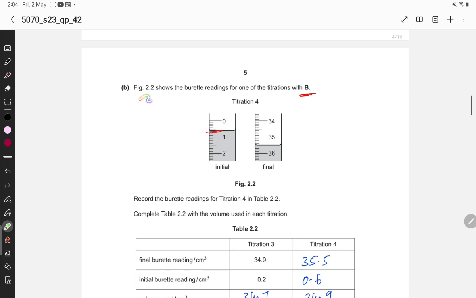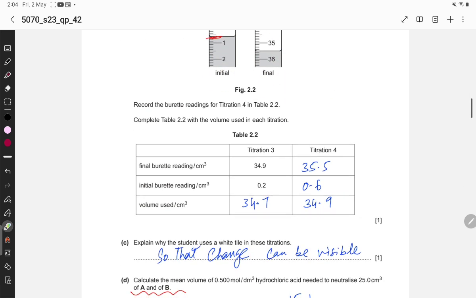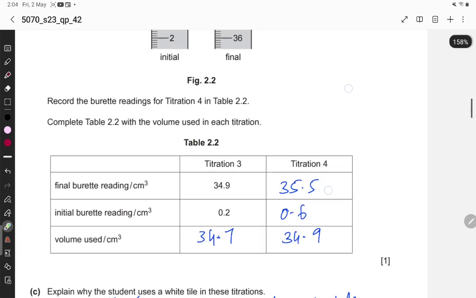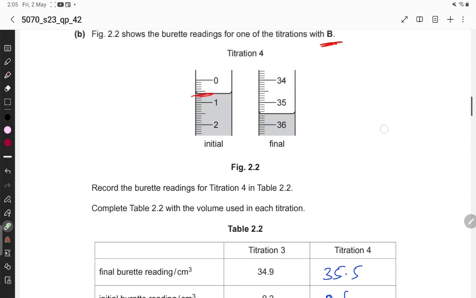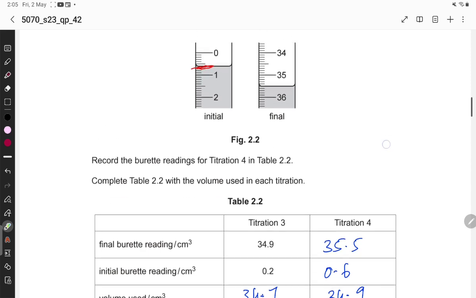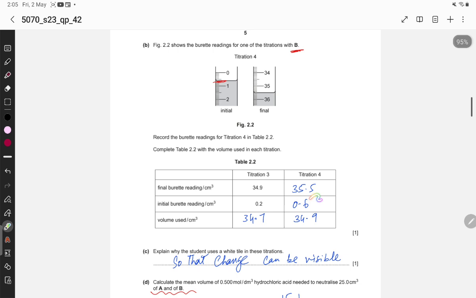Now figure 2.2 shows the burette readings for one of the titrations with B. This is the final burette reading, this is the initial. Record the burette readings for titration 4 in table 2.2. Complete table 2.2 with the volume used in each titration. So some values are given and some values you have to find out from titration 4.